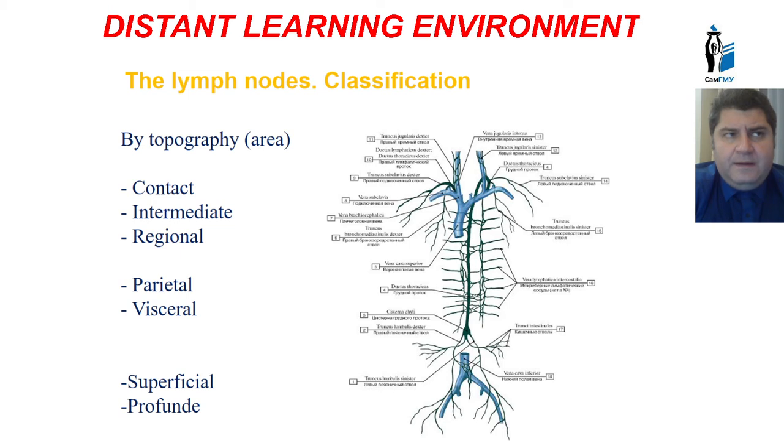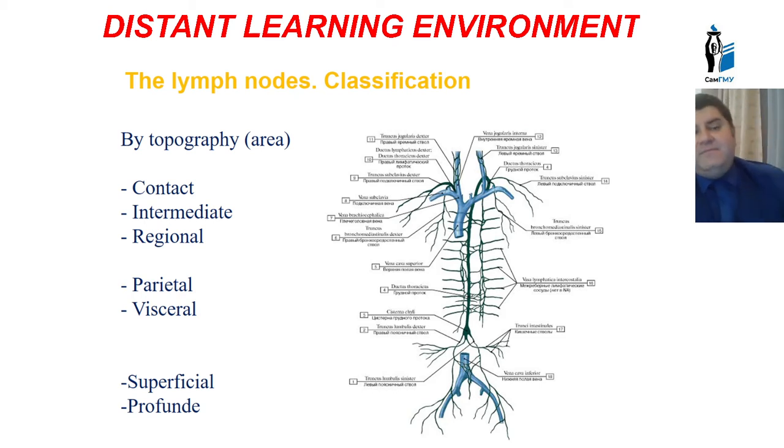So in the thoracic cavity and in the abdominal cavity and also in the pelvic cavity, there are parietal lymphatic nodes. They are situated near the walls of these cavities, and visceral lymphatic nodes that are situated inside the cavities.